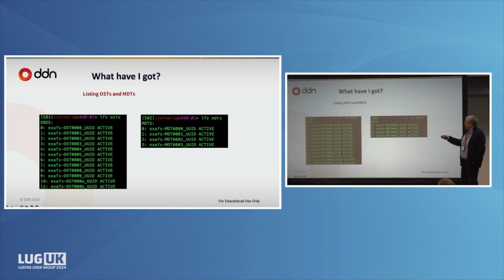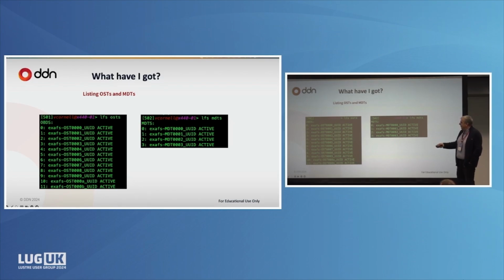So lfs osts simply lists each of the OSTs you have, but it doesn't say what device type each of these OSTs is. So the first 8 could be SSDs, and the other ones could be something else.